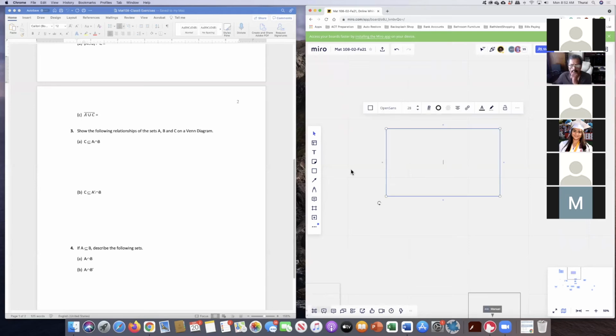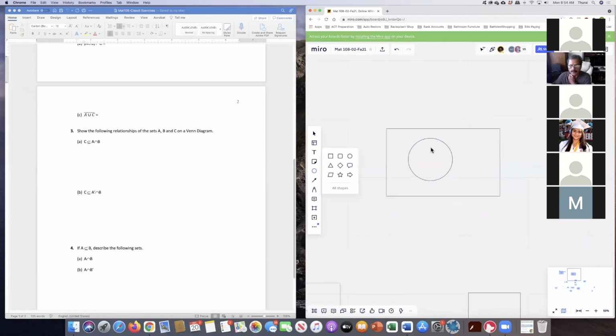And I'm going to draw the circles for A and B first. According to the problem, there's A intersection B. That means A and B have something in common. So when I draw the picture for A and B, I should let them intersect each other.